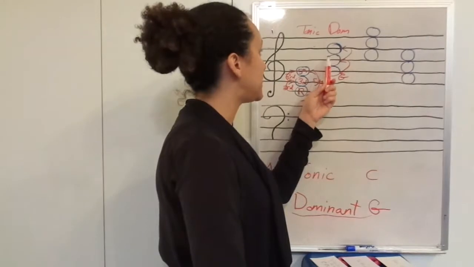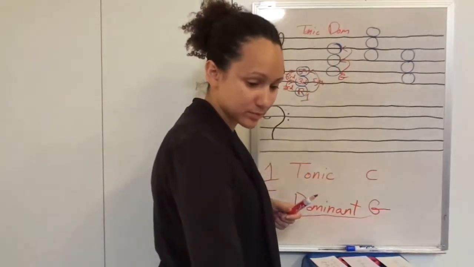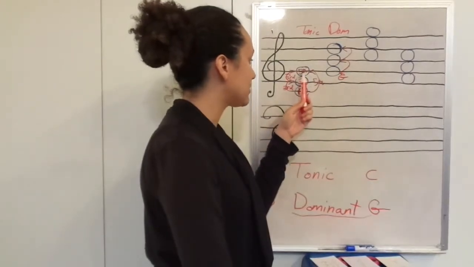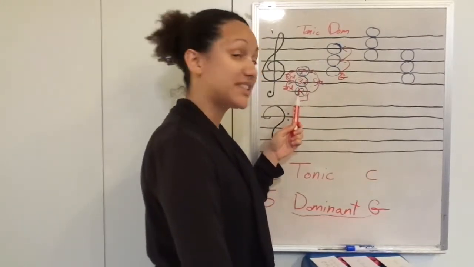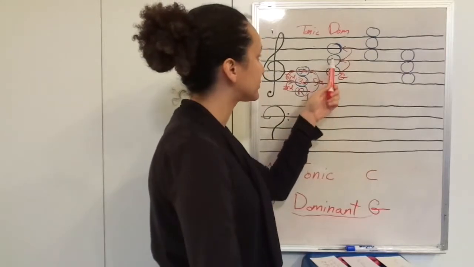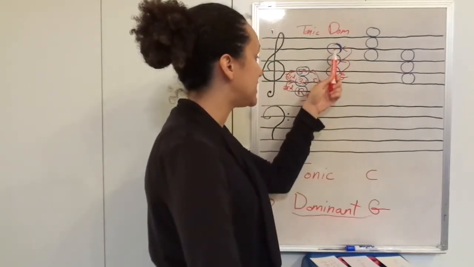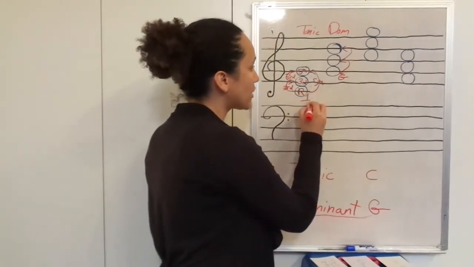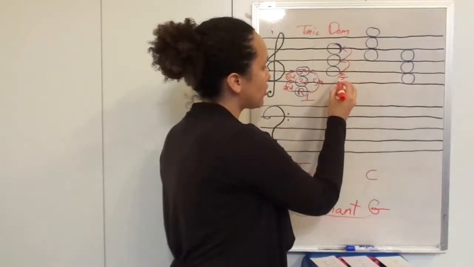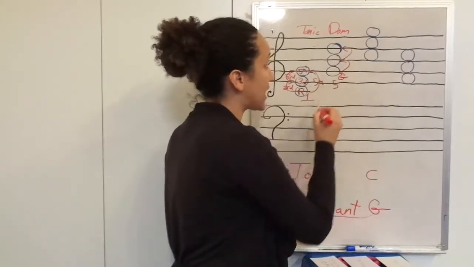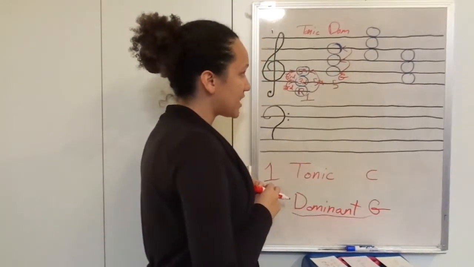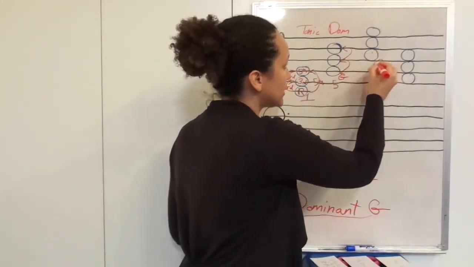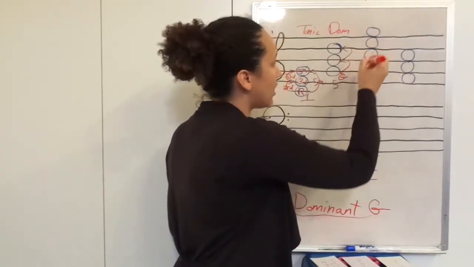G, B, D. So we have C, E, G. There's our C major chord, G, B, D, our G major chord, our tonic chord, or 1 chord, and our G major chord, our dominant chord, or 5 chord. And then I'm going to do C again. So here's our C chord again. It's a C octave higher.